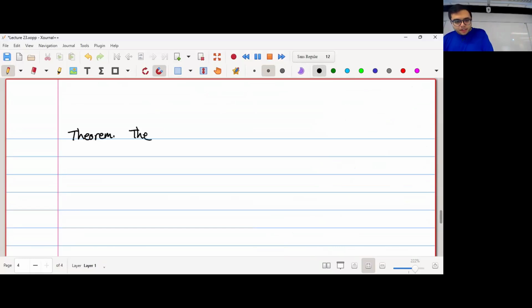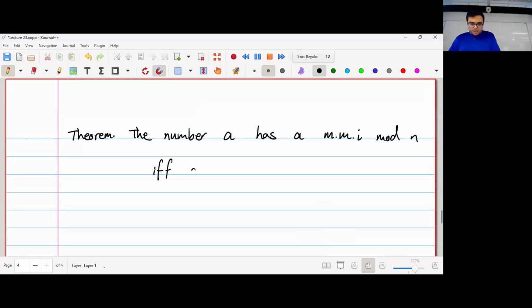The number a has a modular multiplicative inverse modulo n, if and only if the GCD of a and n is equal to 1.